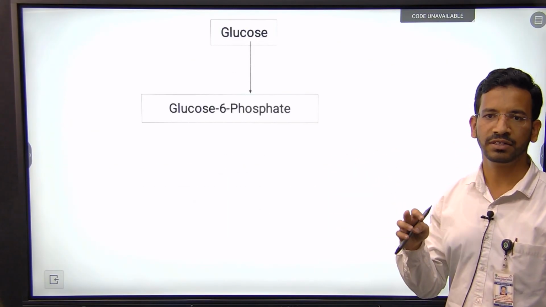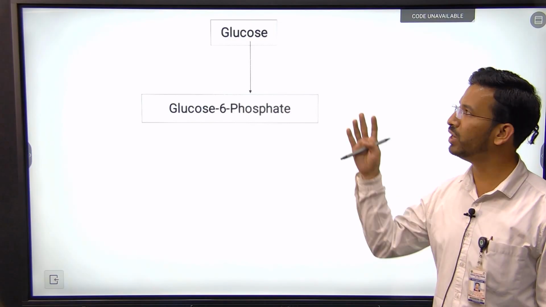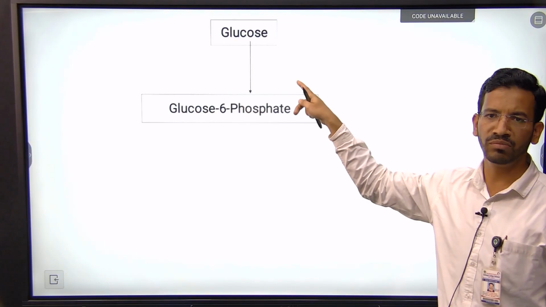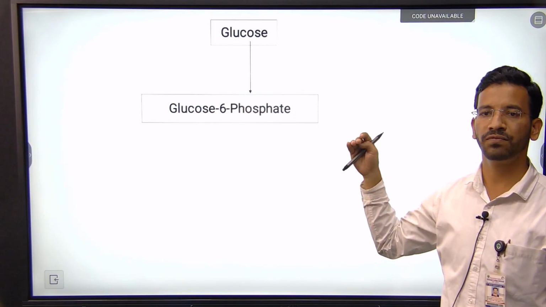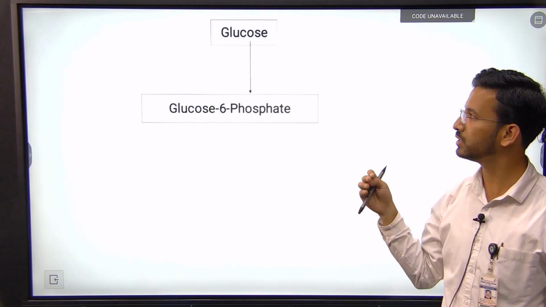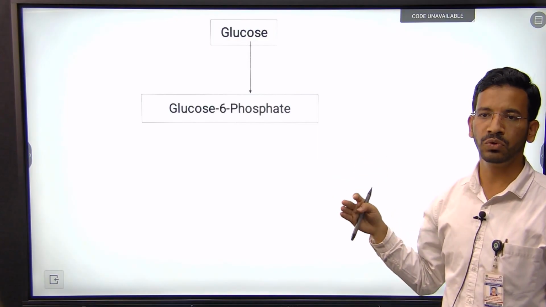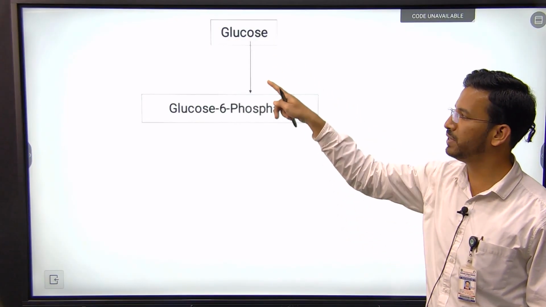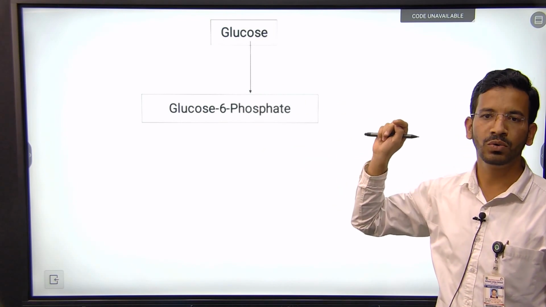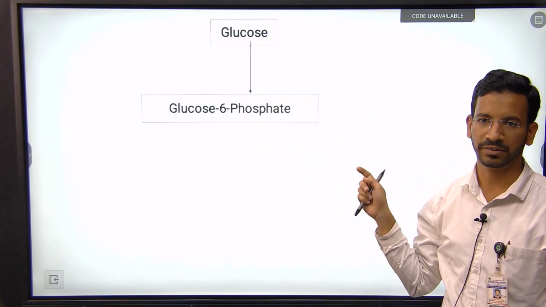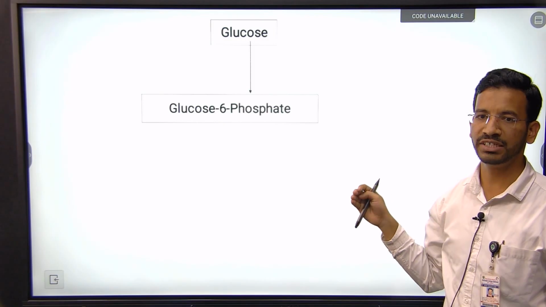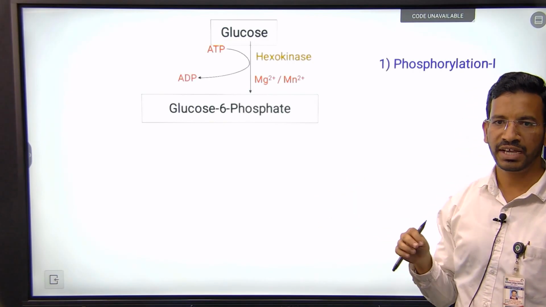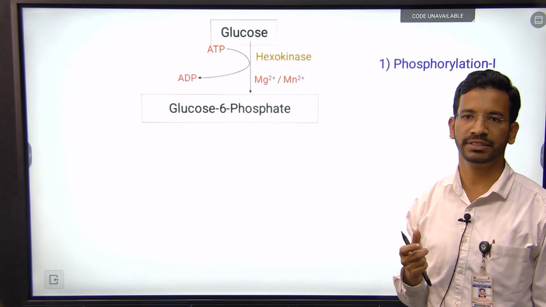So let us start with this one molecule of glucose. In the first reaction of glycolysis, it is converted into glucose 6-phosphate. So here is glucose, it is being converted into glucose 6-phosphate. So there is addition of a phosphate group. Enzyme working in this reaction is hexokinase.